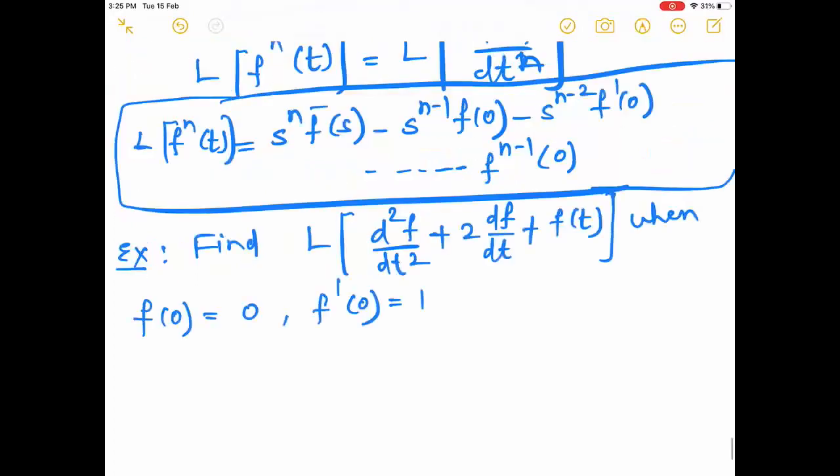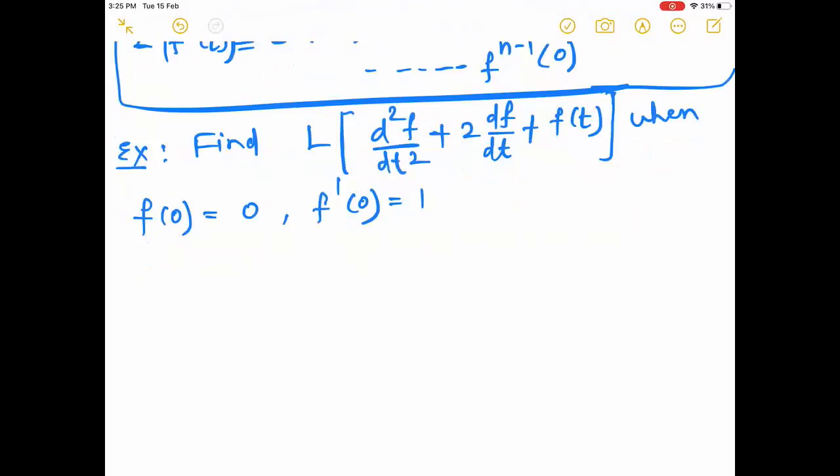Okay, so suppose this is a given condition, then we are finding out the Laplace transform only of derivative terms.